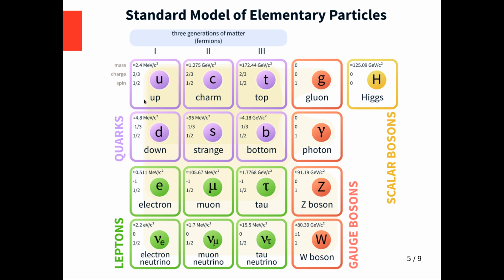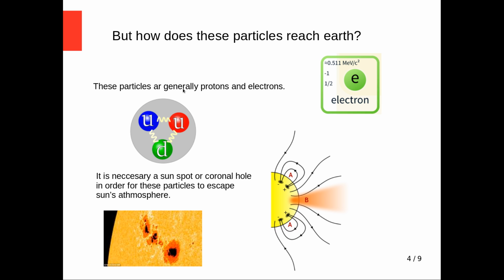And maybe you have already noticed we cannot find the proton in this standard model. Why? It's actually pretty simple, because as this diagram shows, the proton is not an elementary particle. It is made of three different smaller particles: up quarks and a down quark.